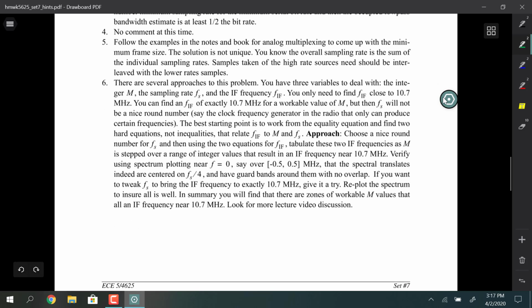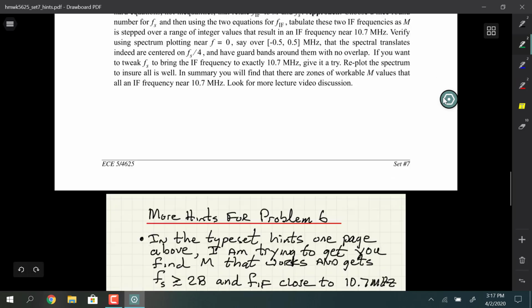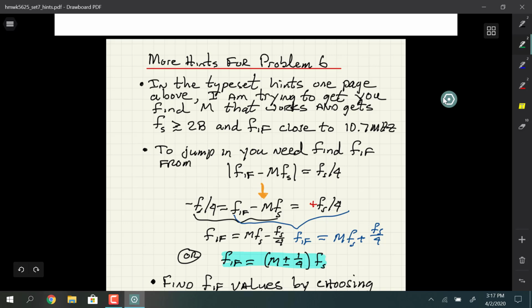Okay, moving down to the second problem. I put up this long paragraph to kind of motivate you to go do something, but then when I got questioned yesterday a couple of times, I said, okay, I'll write this out some more.